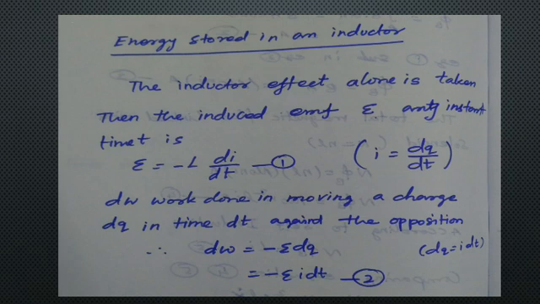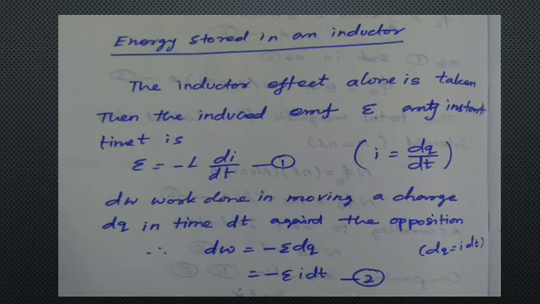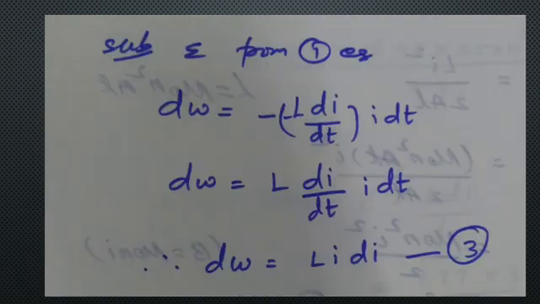Okay students, see this. Substituting E from the first equation, what is the E value? Minus L di by dt. Substituting that in the second equation, dW is equal to minus, and already a minus value is there, so minus L di by dt into I into dt.